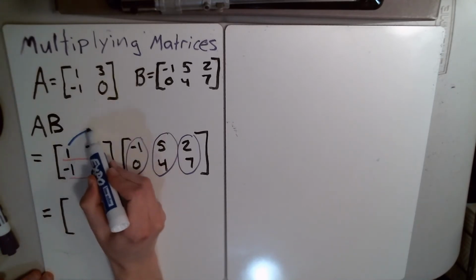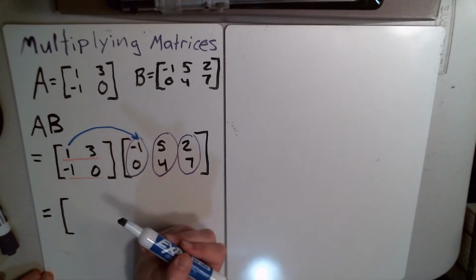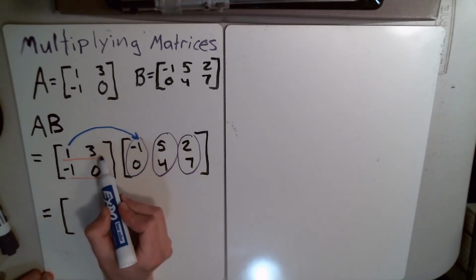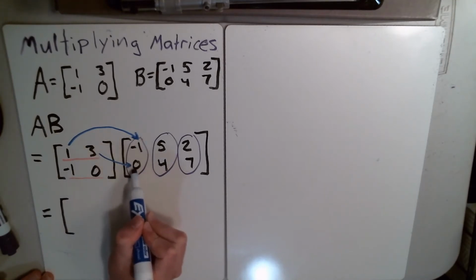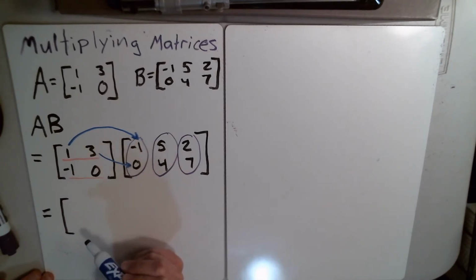So this 1 is going to get times by this -1, and this 3, since it's on the right, is going to be times by the thing on the bottom.